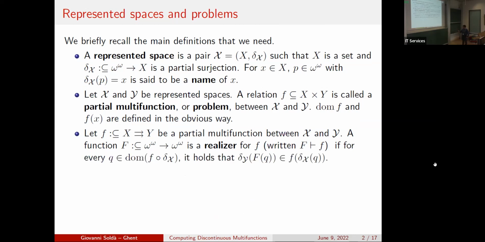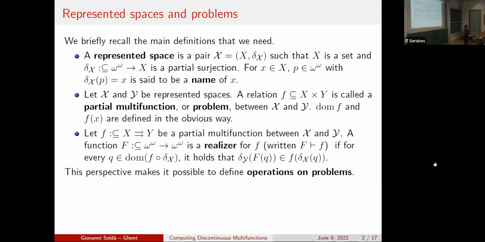More formally, we want that for every Q in the domain of the representation composed with your problem, if you first apply the realizer and then go down the diagram the other way, you get something that belongs to f of the name of the point that you had. This is a lot of words, but the intuition of what is going on is not particularly difficult.